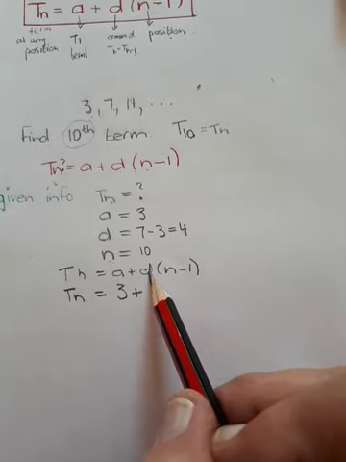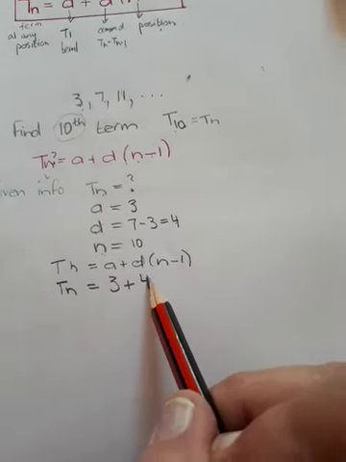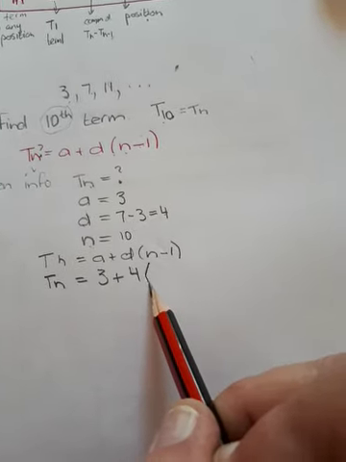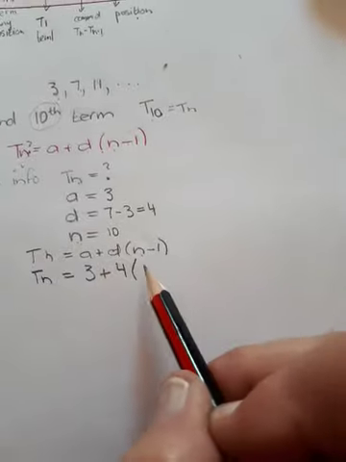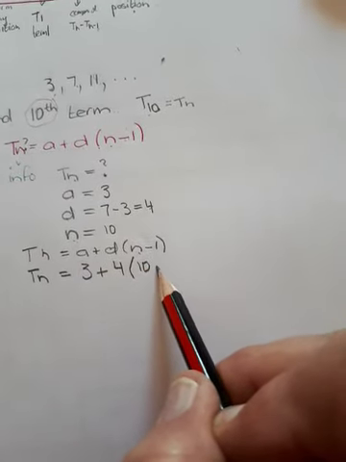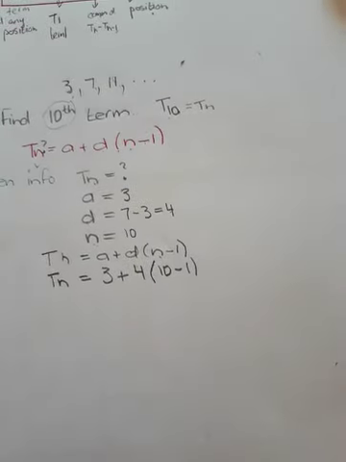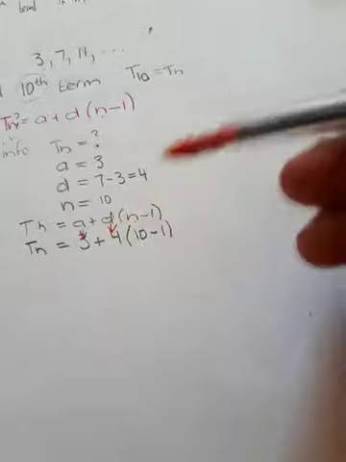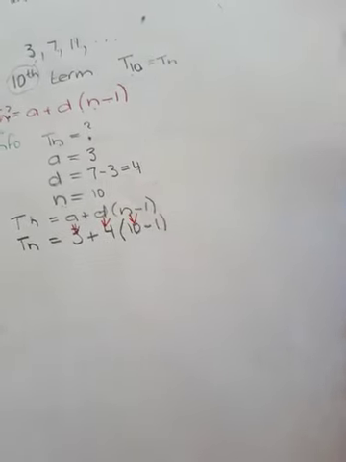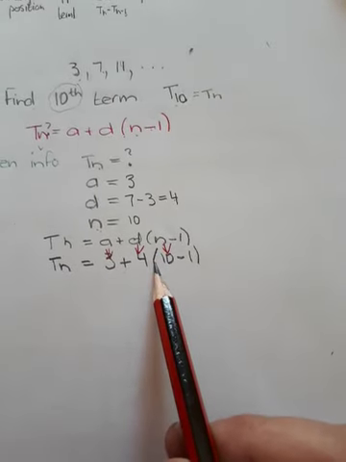In the place of the common difference, you will write a 4. Then open your bracket. Then in the place of the n, you will write a 10, minus 1, bracket down. So I want to show you, people, A is substituted, D is substituted, N is substituted.